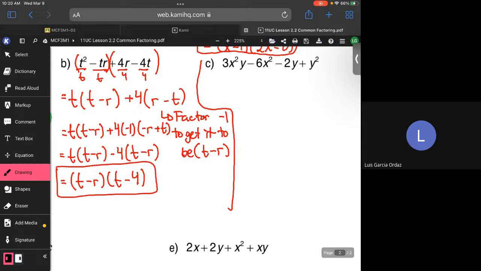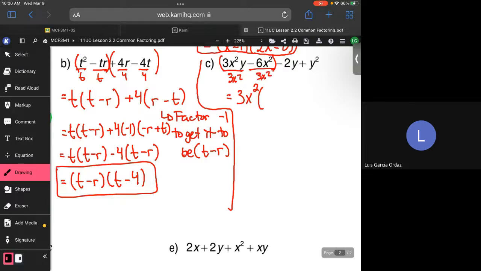Okay, if it's fine, let's start with our first set of terms: 3x squared y minus 6x squared. What is my common factor between those? X squared. And how about my numbers, 3 and 6? 3. So I'm dividing everything here by 3x squared.